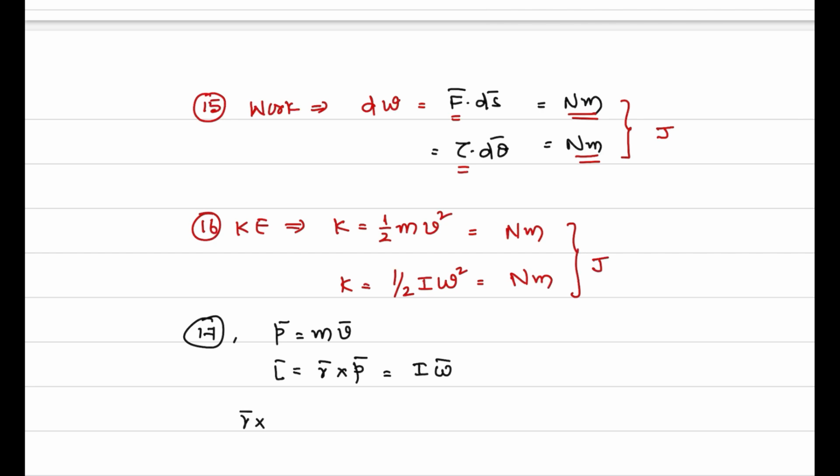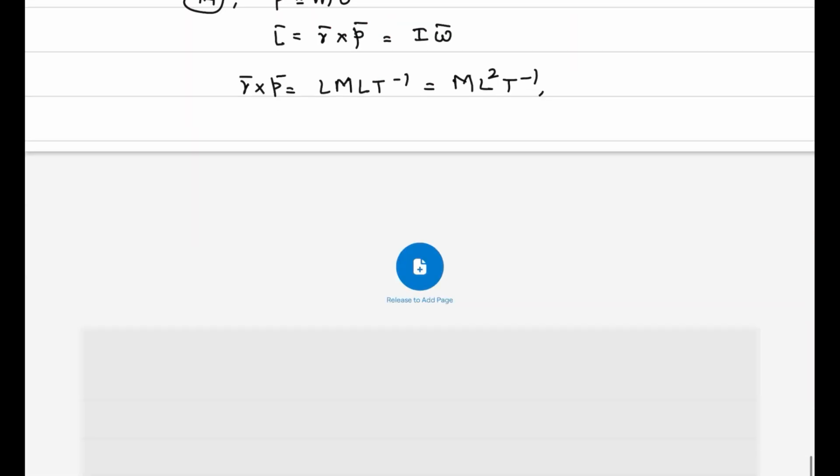R cross P, only talking about the dimensions, momentum is m L t to the power of minus 1, that is m L square t to the power of minus 1. And what about I omega? m r square omega, that is m L square t to the power of minus 1.